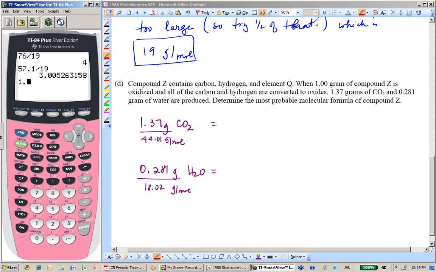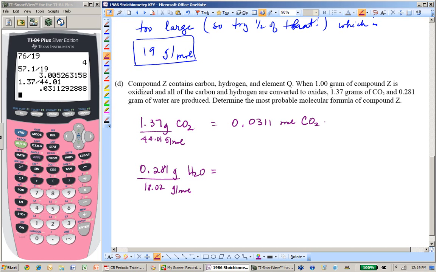So 1.37 divided by 44.01. And that's 0.0311 mole of carbon dioxide. Therefore, that's the same number of moles of carbon, because it says carbon, hydrogen, and element Q. All right, so that's 0.0311 moles of carbon, because there's only 1 carbon for each one of those CO2s.